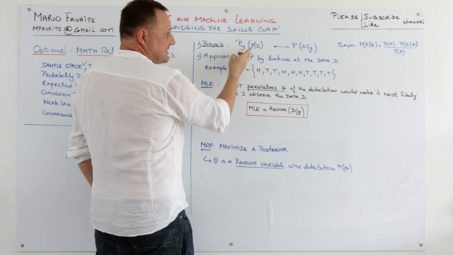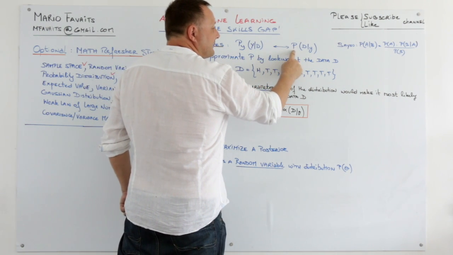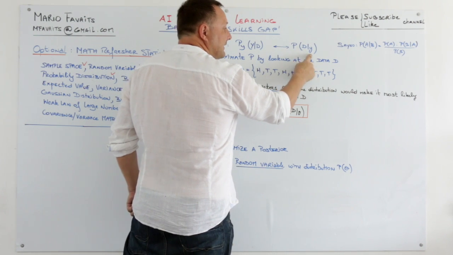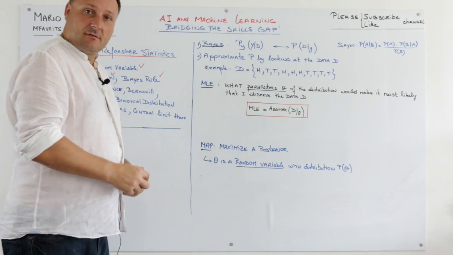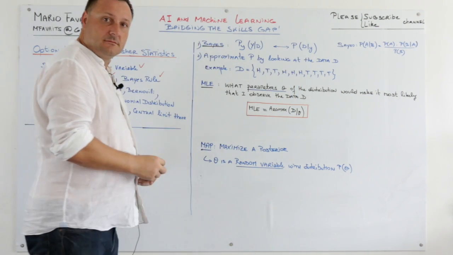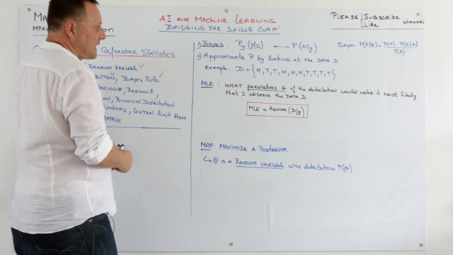We can swap these. So we can also look for the probability of the data once the label is given. So given the label, what is the data? That's an important item.